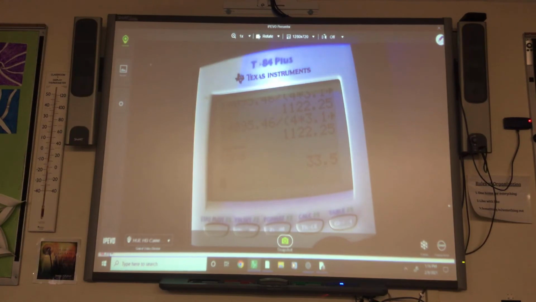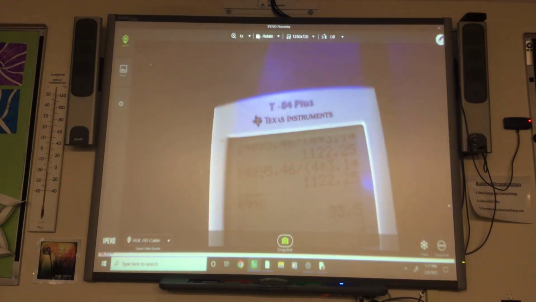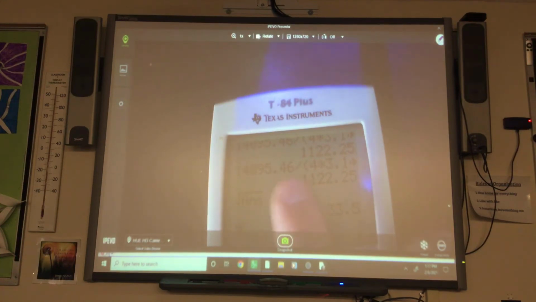Got it? No? I was really close, and then I typed something and it said clear it all. Well, then go back to the beginning. 14,095.46 divided by parentheses 4 times 3.14 end parentheses.